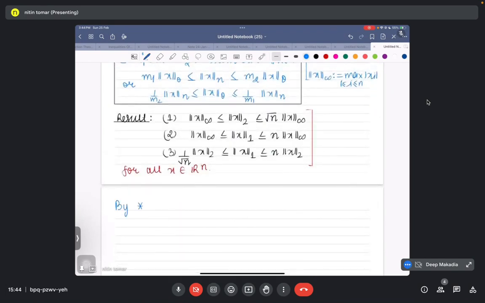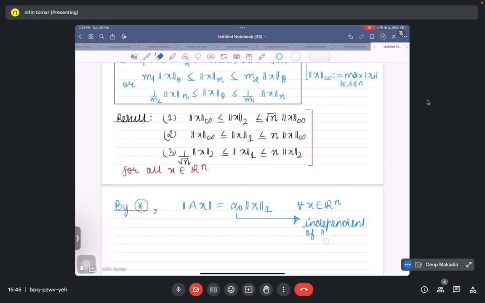By star, norm ax is less than or equal to alpha naught times norm x1. Am I correct? And this is holding for all x in Rn. Correct? And this alpha naught was independent of x. This we have proved, independent of x.